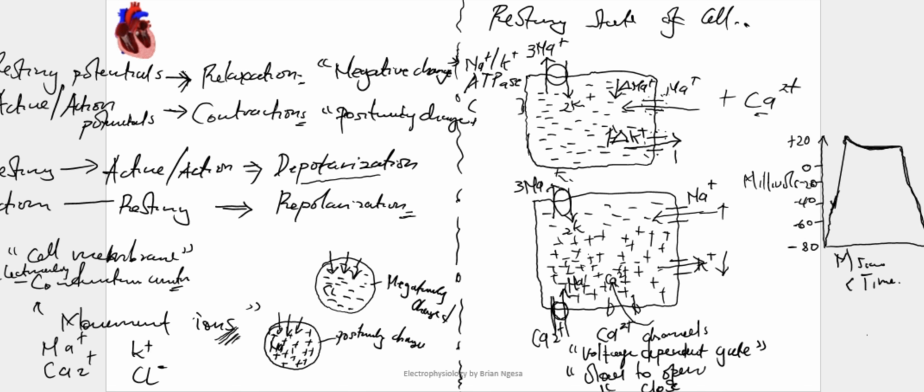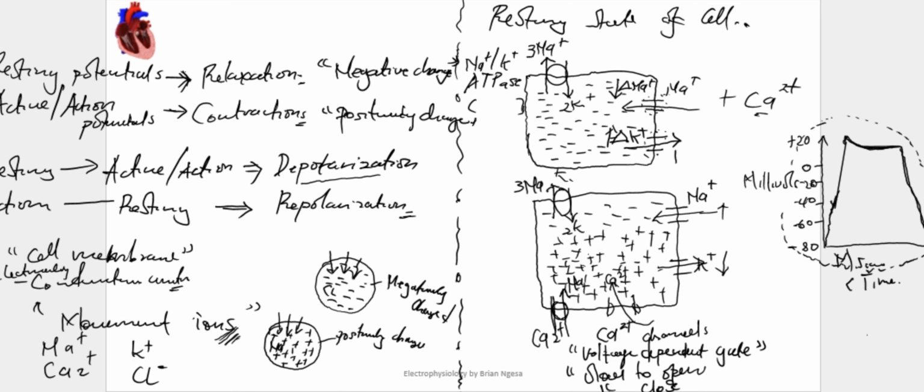Remember, this is just a graph that represents a single electrical event that is happening to a cell, and not really an ECG graph, where the ECG graph maps the movement of the action potential. How is it shifting from one cell to another, from one chamber to another? We'll be able to see that.